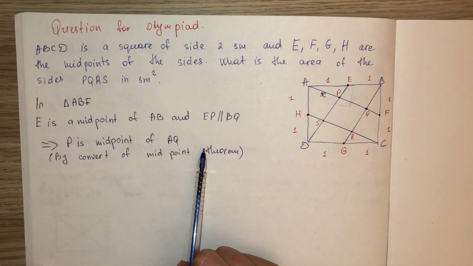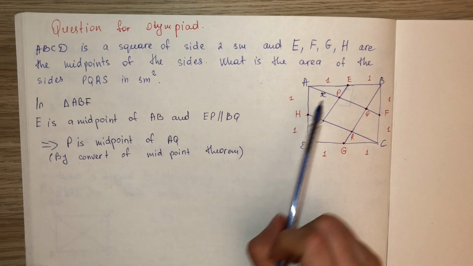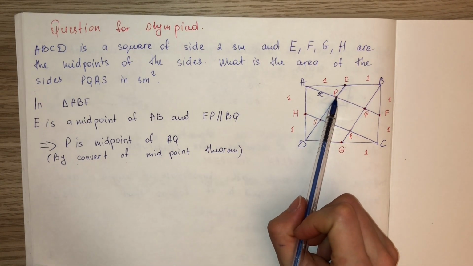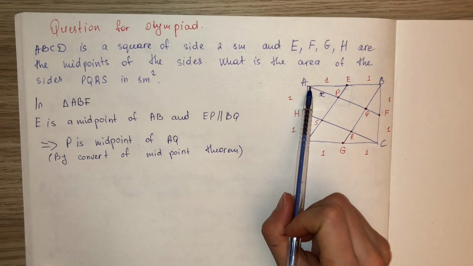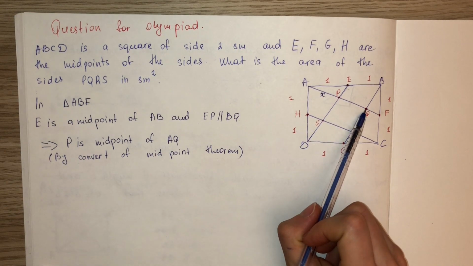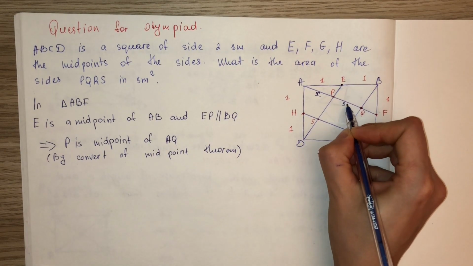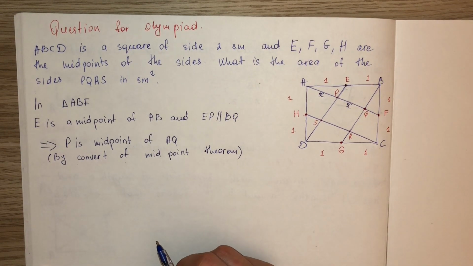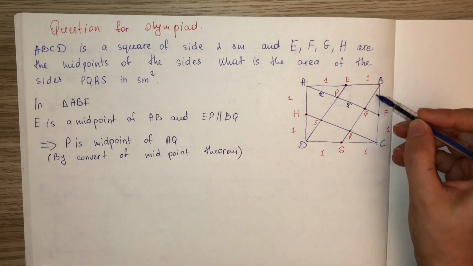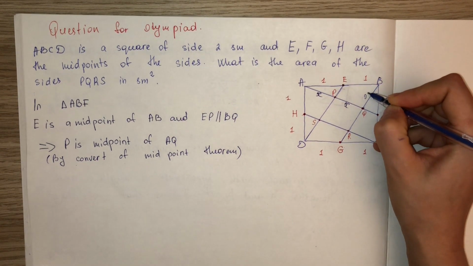So let AP be x, then as you know that AP is equal to PQ, PQ also should be x, and BQ is also x.